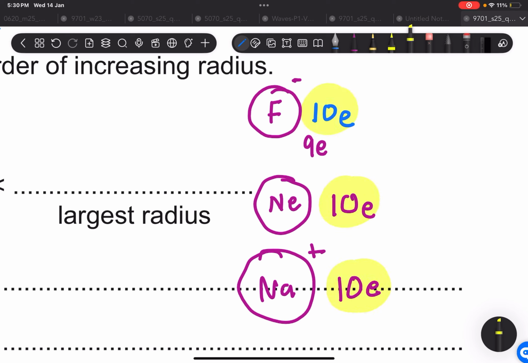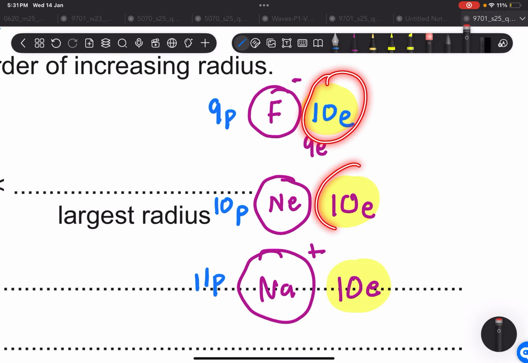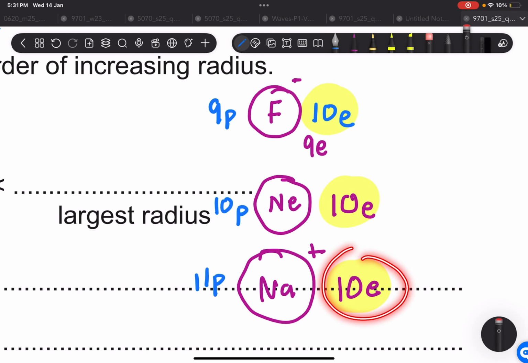So now I can see that all of my 3 species which I'm considering have 10 electrons. Now I got to consider the number of protons. Fluorine has 9 protons, neon has 10 protons, and my sodium positive one has 11 protons. Now you can see it for yourself. For the same number of electrons, my sodium has more protons. More protons means that it's going to pull these electrons harder towards the inside.